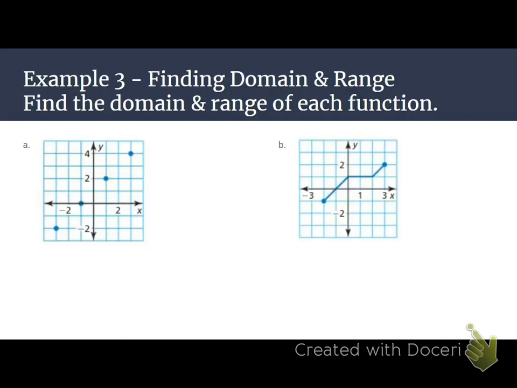All right, on example 3, find the domain and range of each function. Now, just looking at these as pictures, what do we notice that's different in general from problem A to problem B? What does problem B have that problem A doesn't?